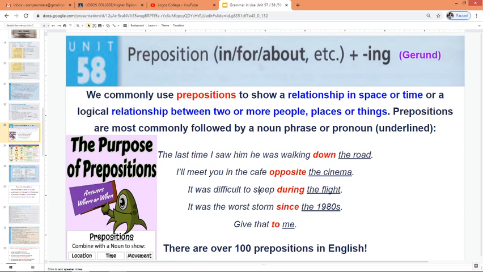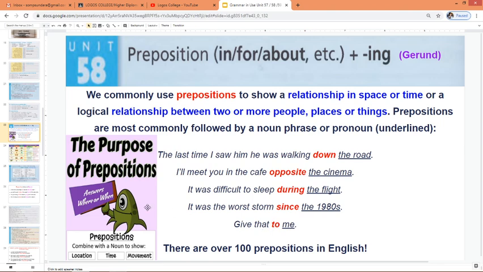So you're connecting a noun phrase here. It was the worst storm since the 1980s. This answers when. Give that to me. This answers who. Who are you going to give it to? Give that to me.